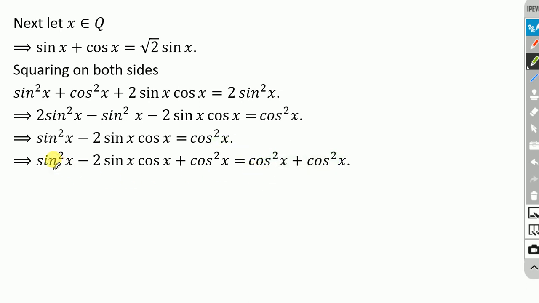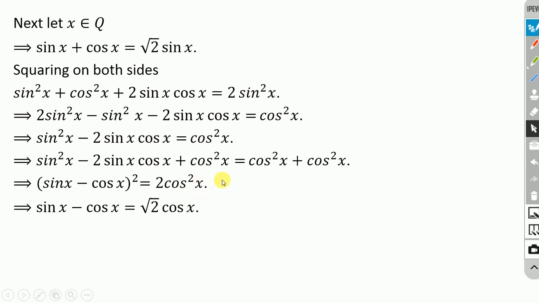Therefore the left hand side is nothing but sin x minus cos x whole square, and the right hand side is 2 cos square x. Therefore sin x minus cos x whole square is equal to 2 cos square x, which implies that sin x minus cos x is root 2 cos x. We are taking square root on both sides.